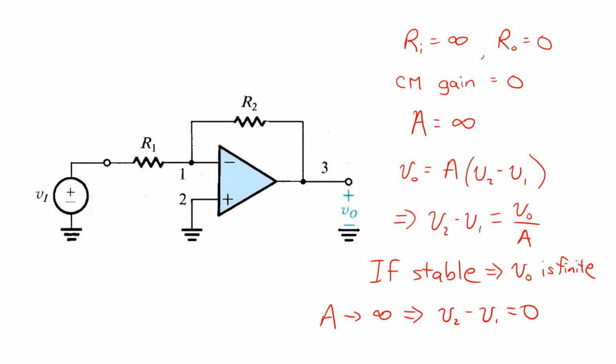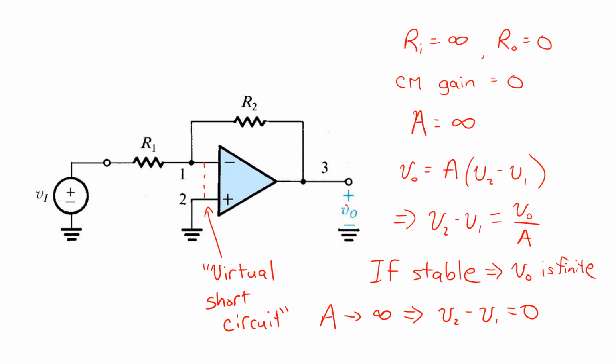It's often called a virtual short between the inputs. Or even a virtual ground, since one of the op-amp terminals is often connected to ground, though not always. So this terminology, virtual short circuit, is a little bit misleading.